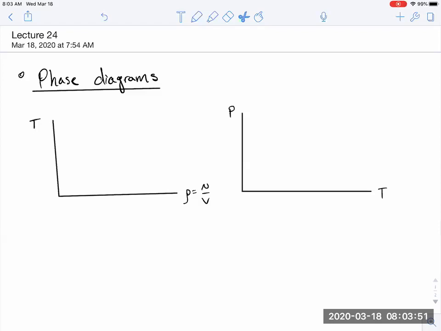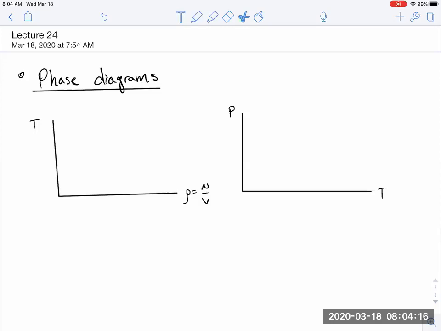And let's see how phase diagrams projected into two different axes, say the temperature and density or temperature and pressure axes, relate information about that same liquid vapor transition. Okay, so let's start over on the left with the temperature density plane.